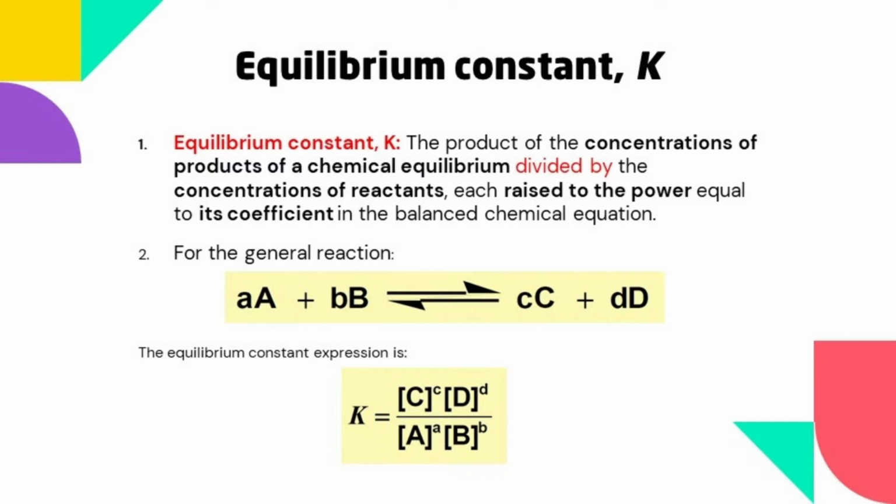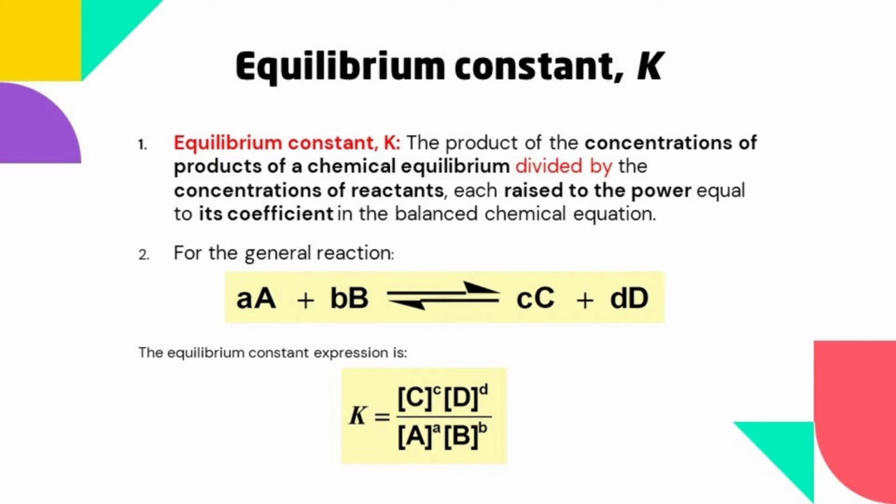Look at this general reaction: aA plus bB, where a and b are the coefficients of the reactants, and the products will be cC plus dD, where c and d are the coefficients.